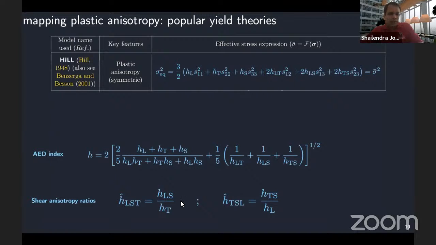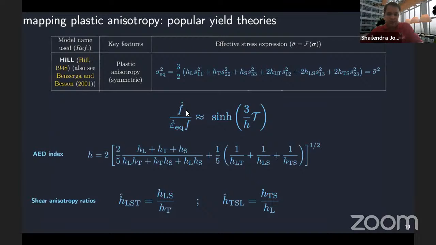Plus, you can come up with metrics that describe shear anisotropy, and these are interesting because you can use some of these indices and bring them into the fold of porous plasticity, and you can quickly see that the rate of porosity growth, f dot, goes as within the exponent. So this h, which is a scalar descriptor of a particular type of anisotropy, plays a very important role in the rate at which voids would grow.